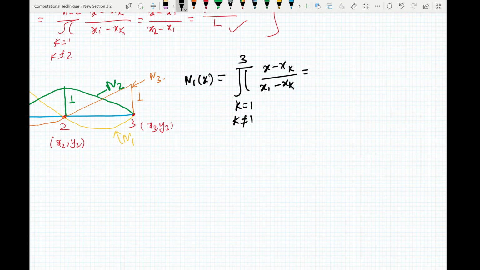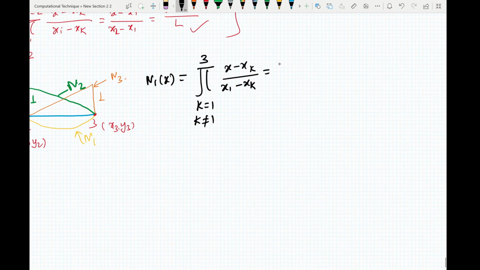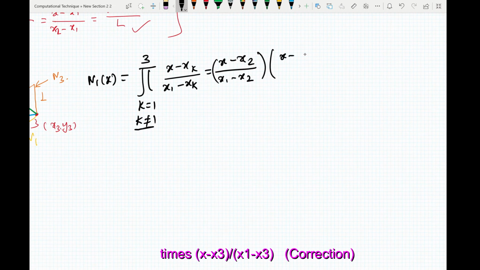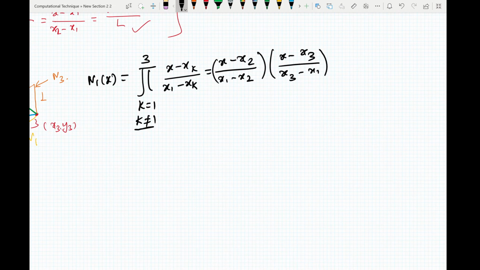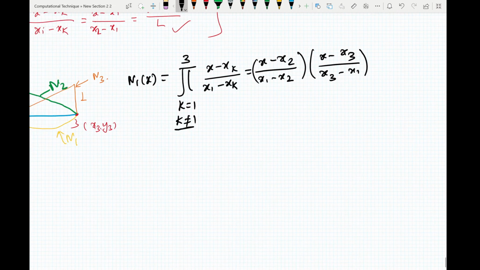Now when you expand this, k cannot be equal to 1, so (x minus x2) divided by (x1 minus x2), times (x minus x3) divided by (x1 minus x3). So this is your shape function for n1.